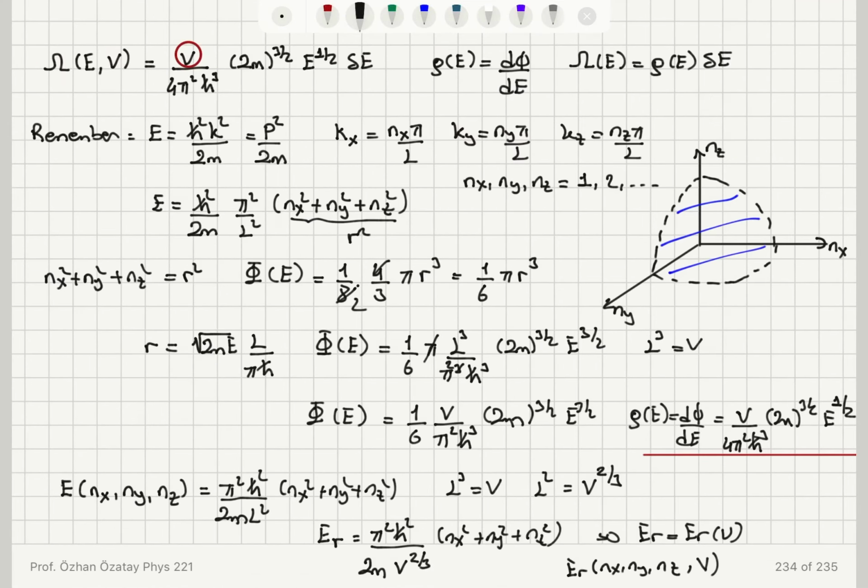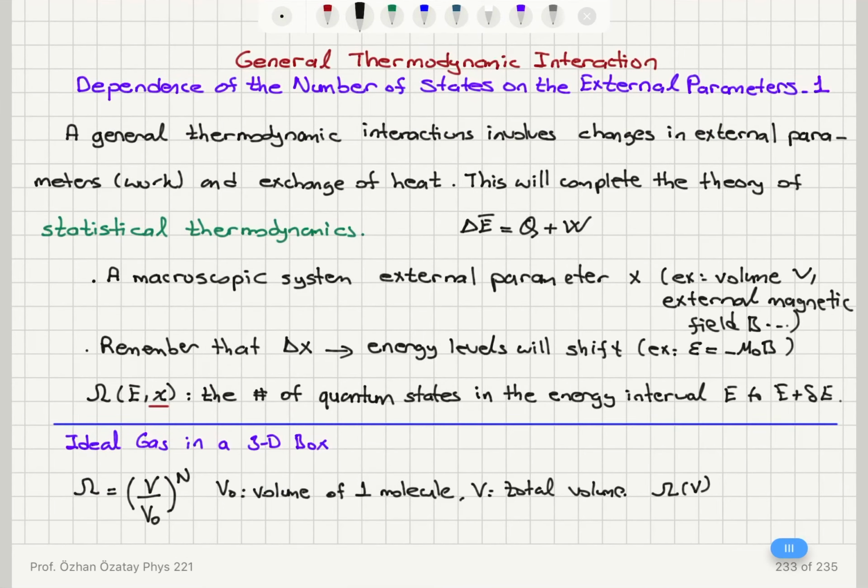We're doing the general thermodynamic interaction where we have heat and work involved. For the work part, you need to have an external parameter of the system changing, and that will change the energy levels. We simply remember from the spin system, where a spin with magnetic moment mu0 will have an energy level of minus mu0 B when its moment is aligned parallel to the field.